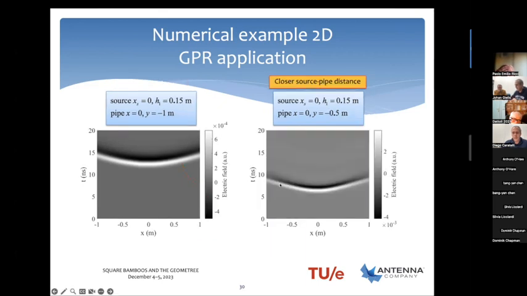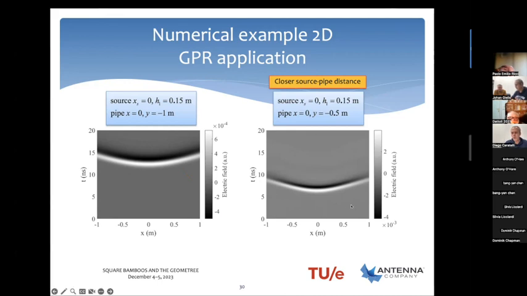By looking at the time instant where the peak pulse is detected, we can also infer the distance, the depth of the target. Whether it's buried deeply into the ground, this is the situation relevant to what is shown on the left, or is actually pretty shallow, and close to the interface of the ground with air.